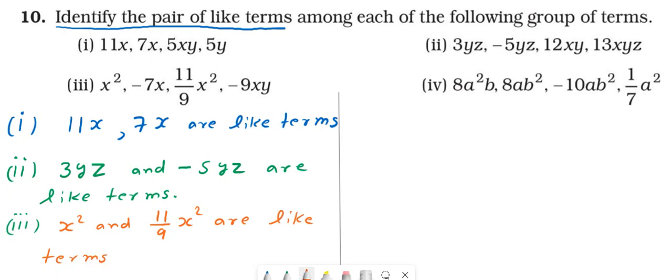Now beta, in the part 4, 8a square b, actually 8a square b is not matching with anyone.